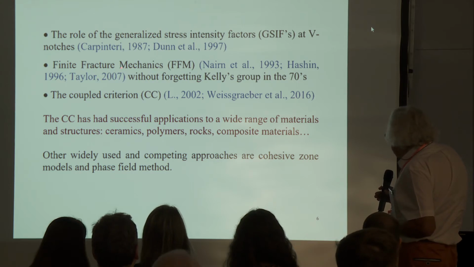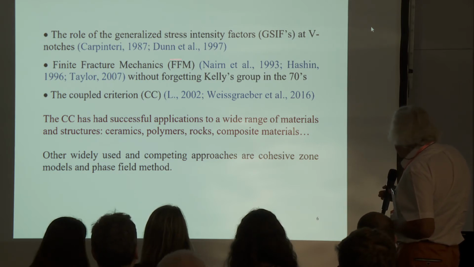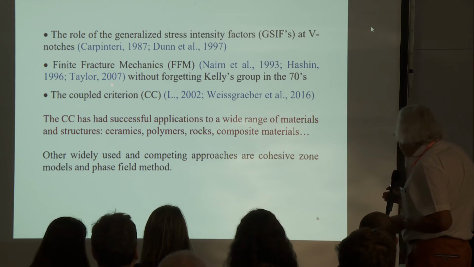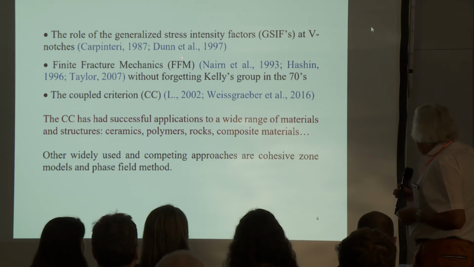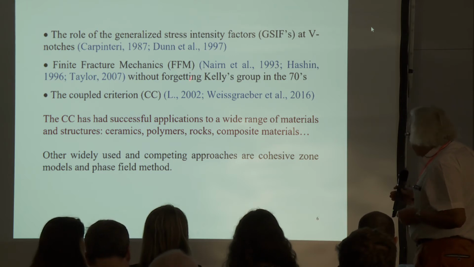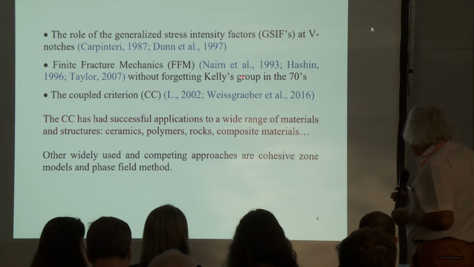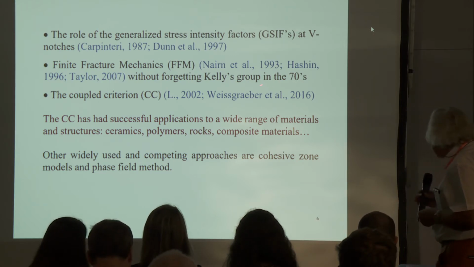Now we can move to finite fracture mechanics in the 90s, at the beginning of 2000: John Nairn in 93, Zvi Hashin in 96, and here I mention also the theory of critical distance of David Taylor. But we mustn't forget Tony Kelly's group, who did finite fracture mechanics in the 70s, without using the name, but with very interesting results.